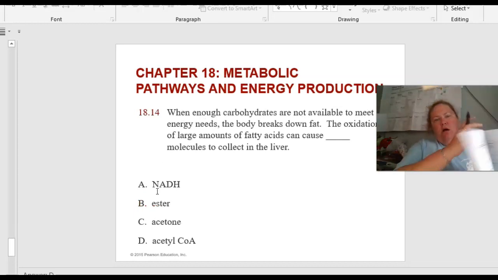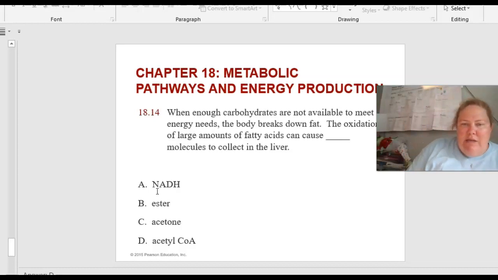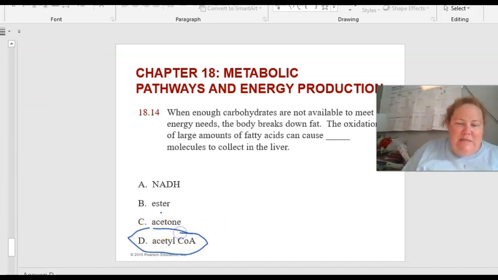Alrighty. When enough carbohydrates are not available to meet energy needs, the body breaks down fat. Think of the keto diet. The oxidation of large amounts of fatty acids can cause what kind of molecules to collect in the liver? Basically, if we're breaking down fat, remember we count carbons and divide by 2, and that gives you how many acetyl-CoA are produced. If we don't take care of it, we're going to have a buildup of acetyl-CoA.